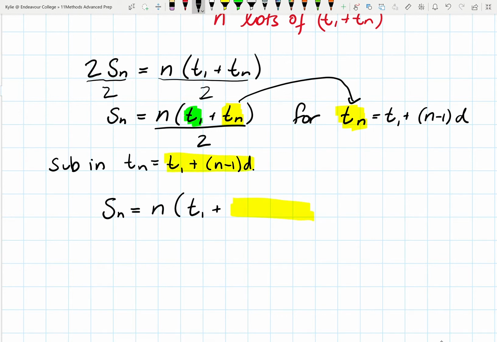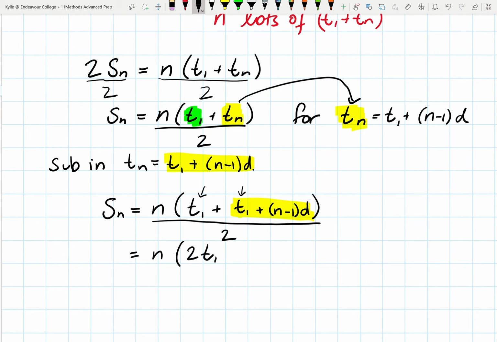And so it's going to be T1 plus n minus 1 lots of d, and still divided by 2 because that's part of the rule. Then we can collect these two T1s, 1 and 2. So it's n outside of 2 lots of T1 plus n minus 1 lot of our common difference, divided by 2. So there you've got 2 different versions of the rule.